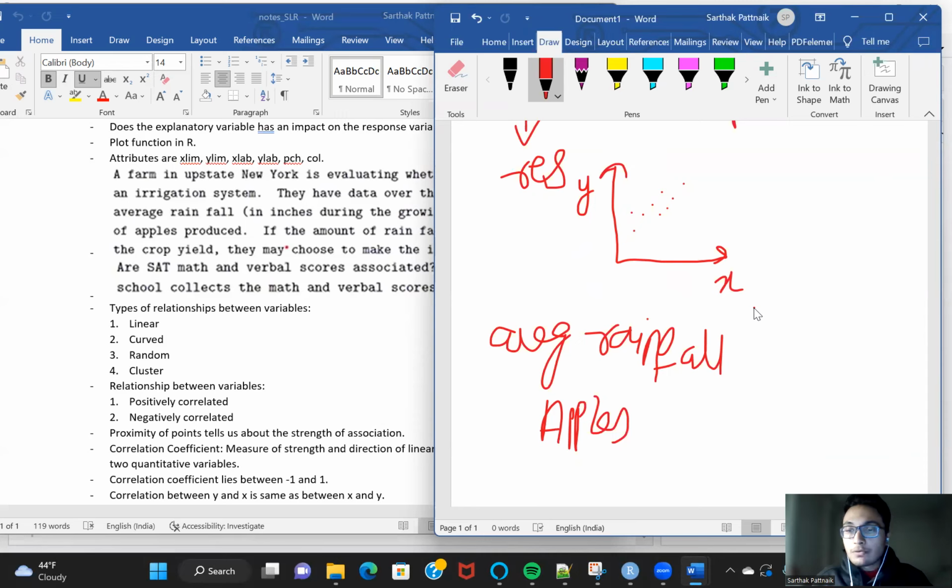So here these two variables have a temporal relationship, and we can also surmise that average rainfall in an agricultural setting is key to determine the number of crops produced or the number of apples produced in this case. So we can say this is our explanatory variable and this is our response variable.